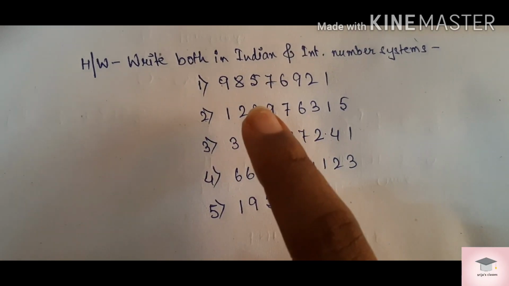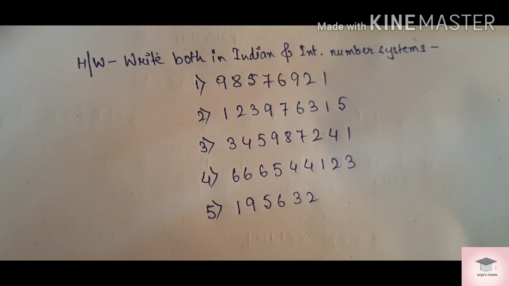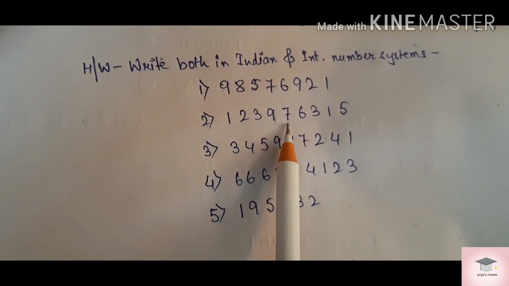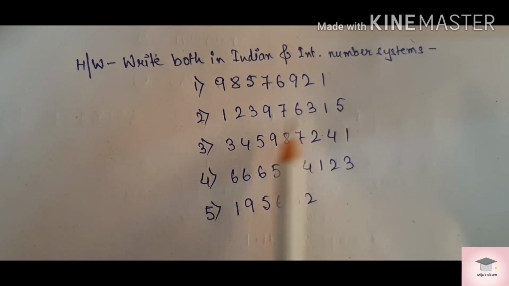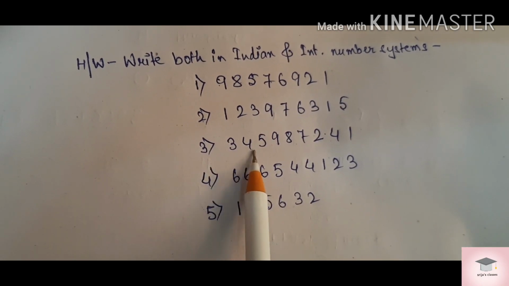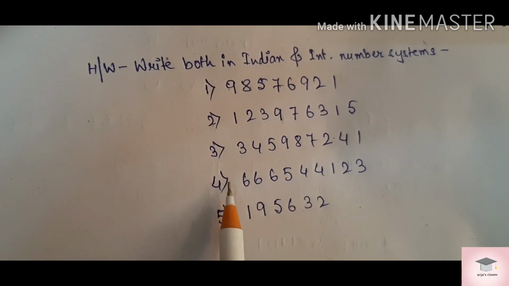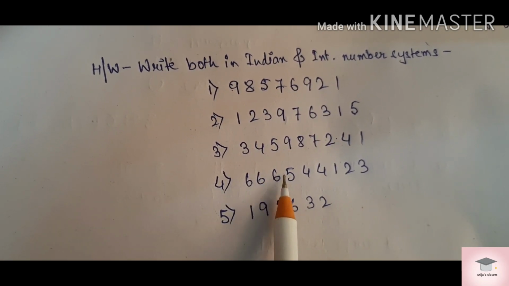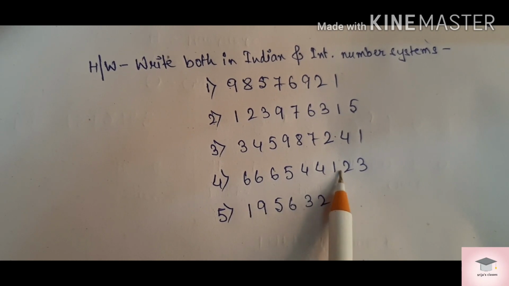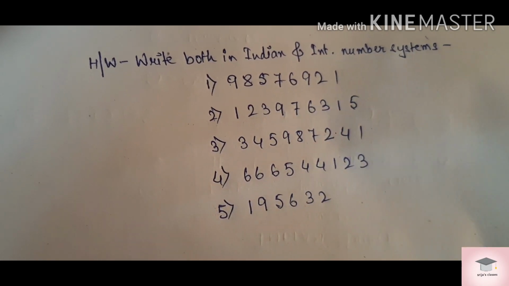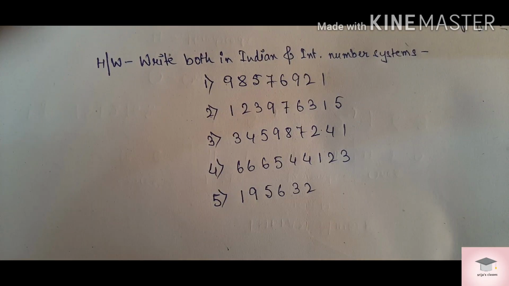Number 1 was 9857691. Number 2, 123976315. Number 3, 345987241. Number 4, 666544123. And number 5, 195632.